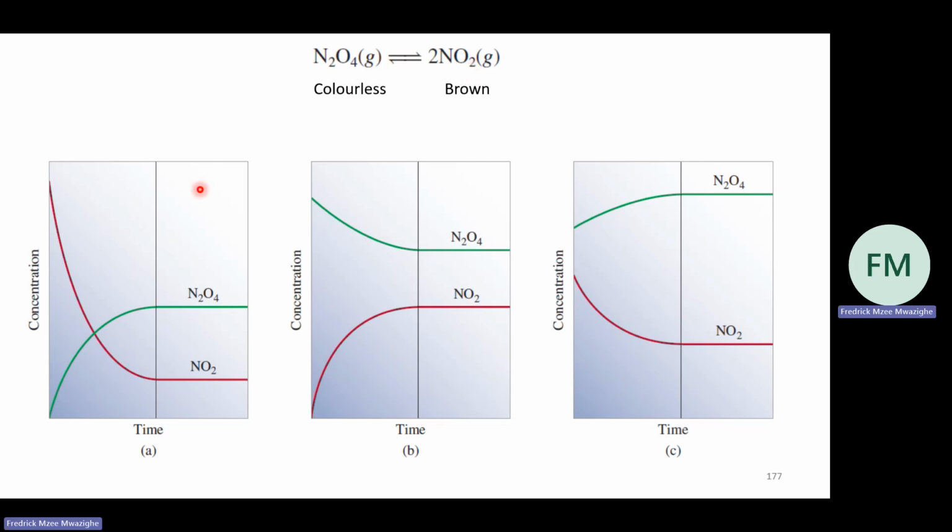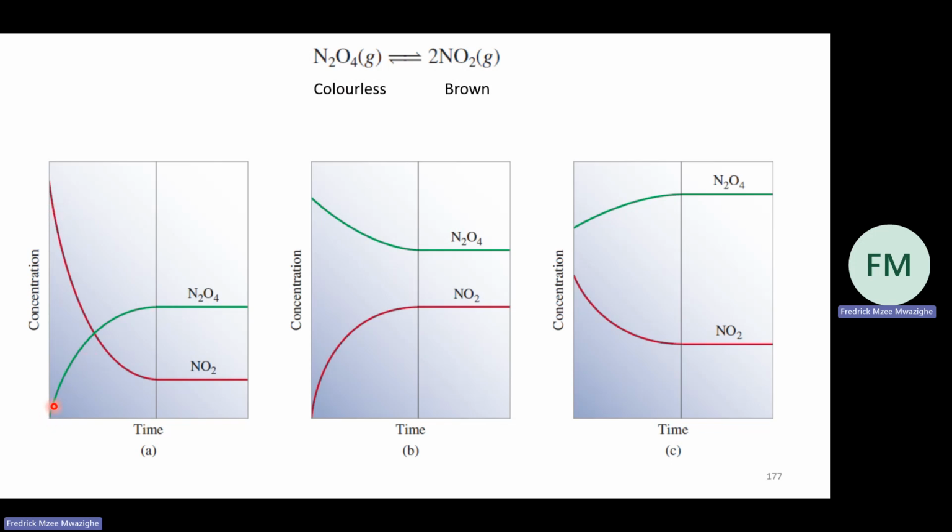We can look at different examples where we have different starting concentrations. In this first example, we are starting with NO2 at a particular concentration up here, and N2O4 is not there, its concentration is zero. But as time moves on, NO2 starts combining to form N2O4.